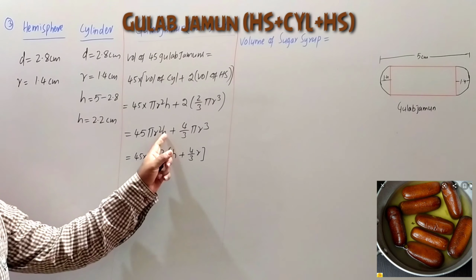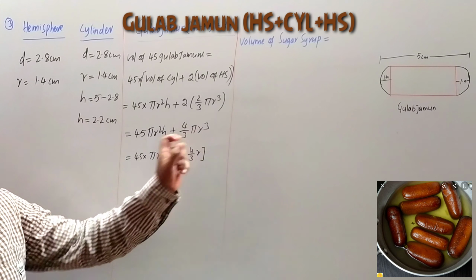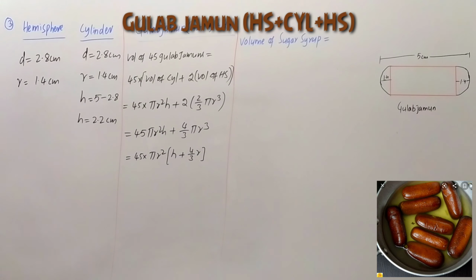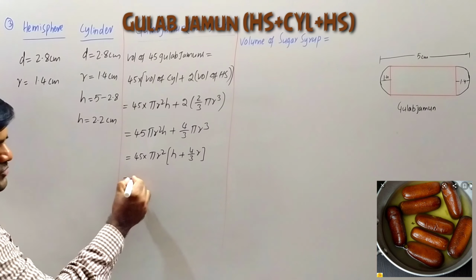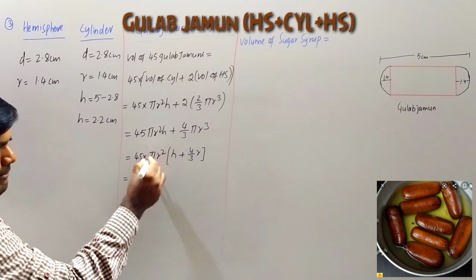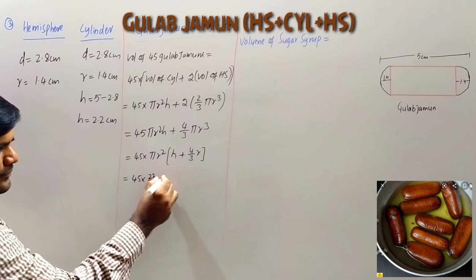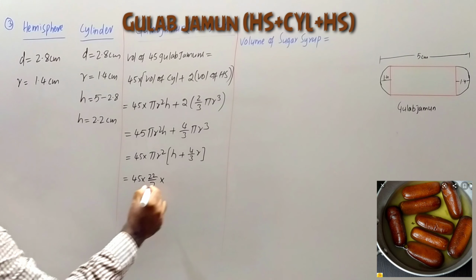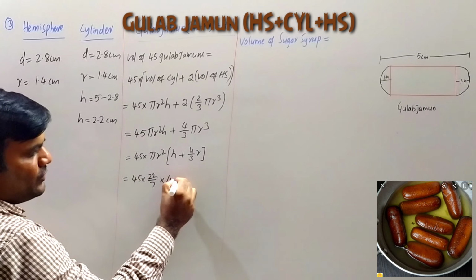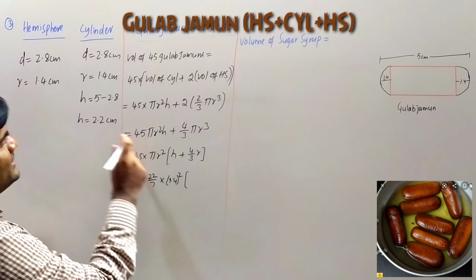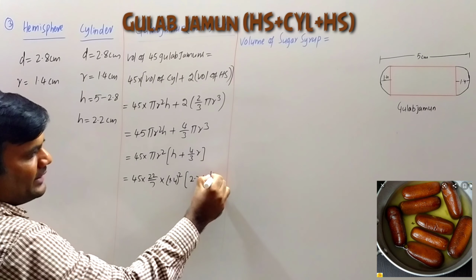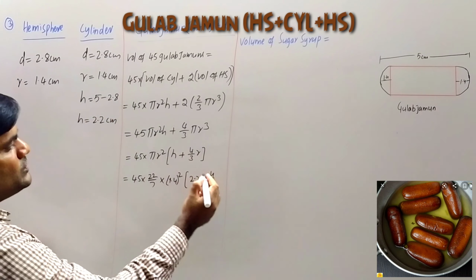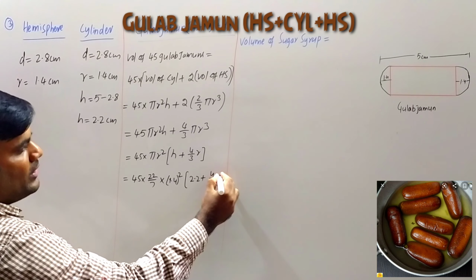So 45 pi r square into h plus 4 by 3 r is the volume of the 45 gulab jamuns. Now I am substituting: 45 into pi is 22 by 7, into r is 1.4 square, into h is 2.2 plus 4 by 3 into r is 1.4.